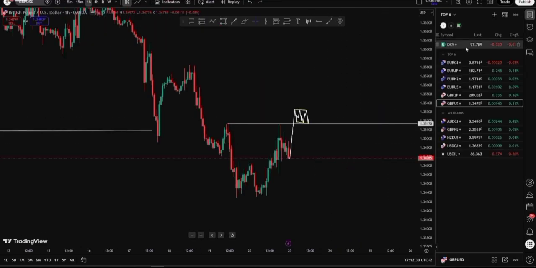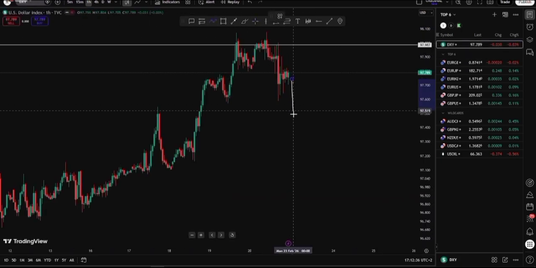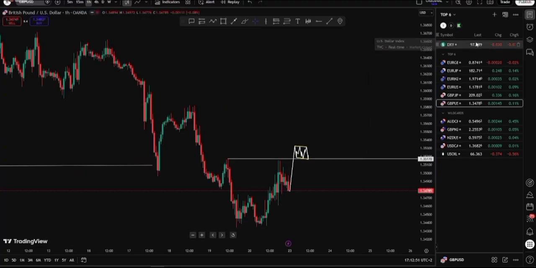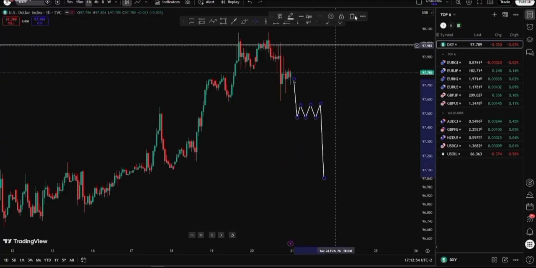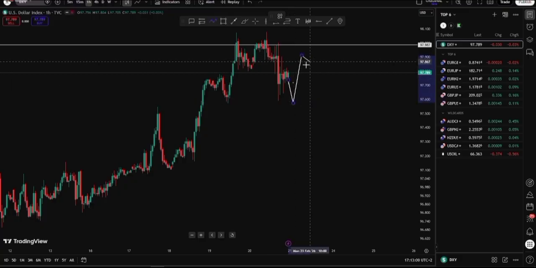So now what we're looking for, bullish move above. So how we correlate this pair is that if this DXY behaves in this way, that it gives us an impulse down, a correction, then another impulse down, that's what we'll be expecting from that dollar pair.